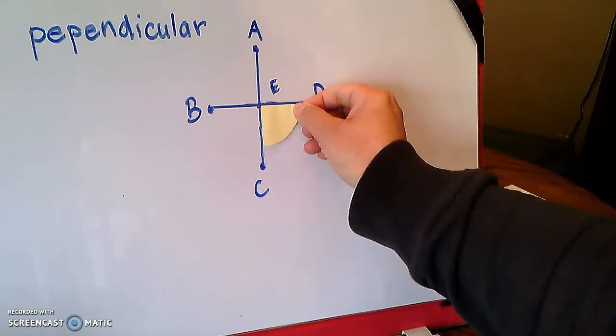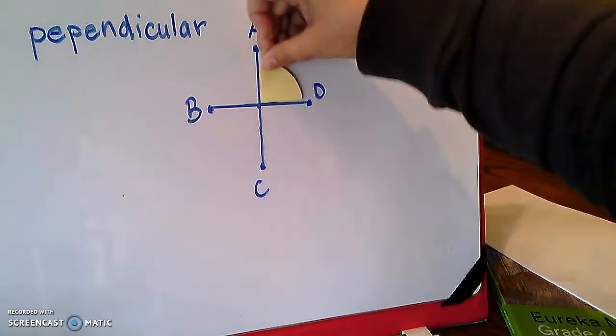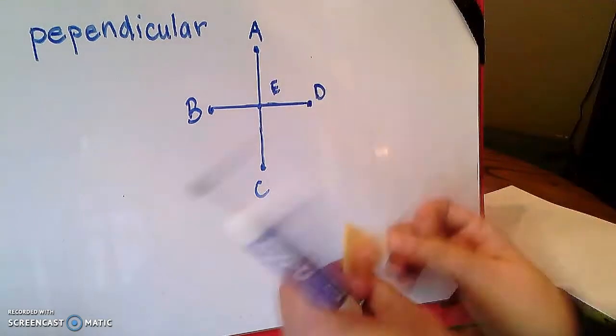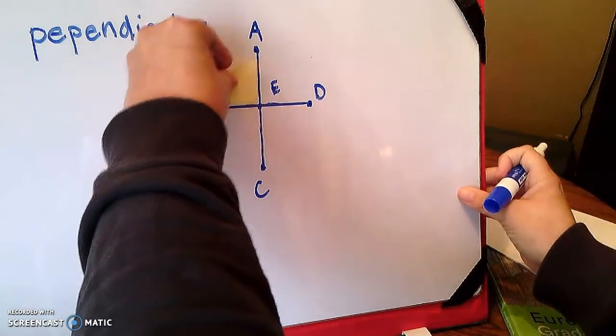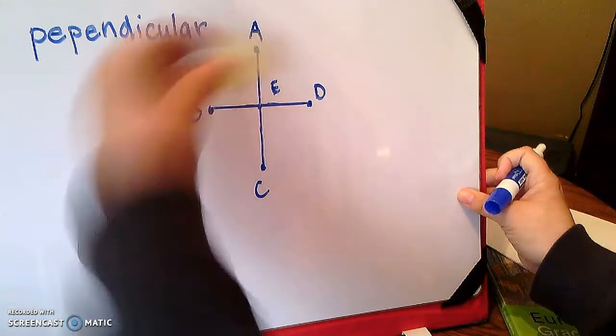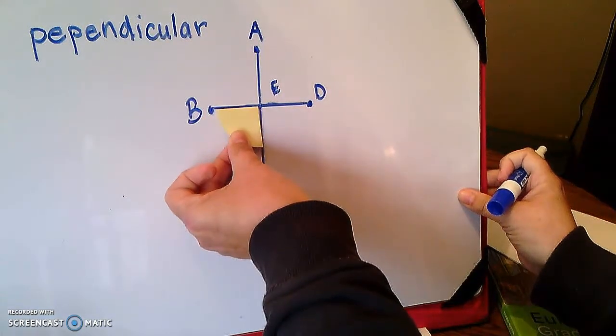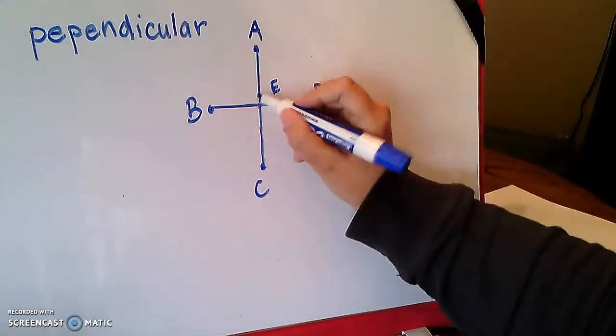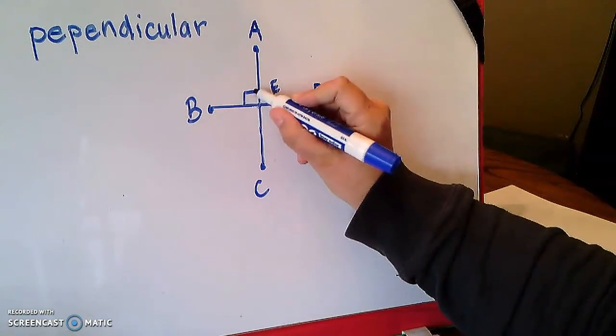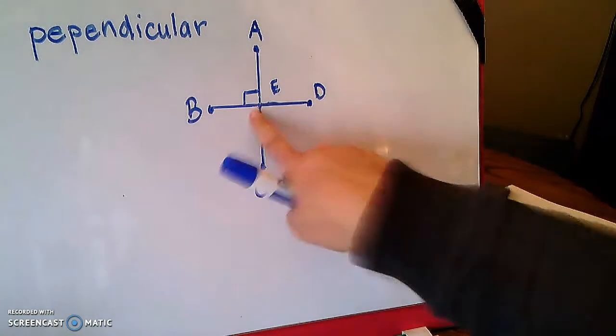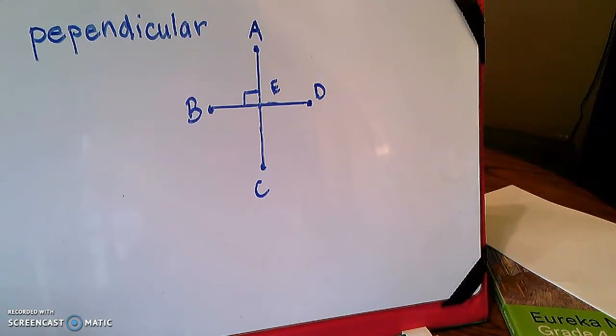If you take your right angle measure and go into each of those corners, you're going to see that each one of those corners is a 90-degree or a right angle. And we're going to note that those are intersecting at 90-degree angles or right angles using that square angle symbol, not the arc, but the square.